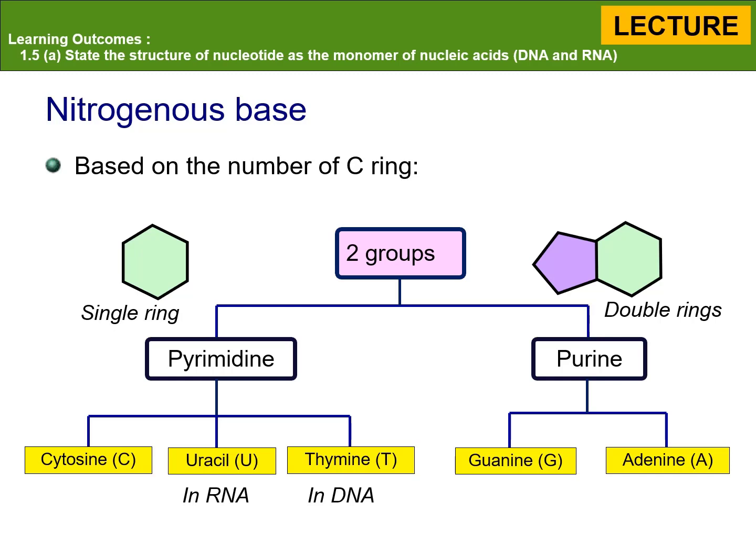Nitrogenous bases under pyrimidine are cytosine, uracil, and thymine, whereas under purine we have guanine and adenine. In RNA, we have the nitrogenous bases cytosine, uracil, guanine, and adenine, whereas in DNA, we have cytosine, thymine, guanine, and adenine.